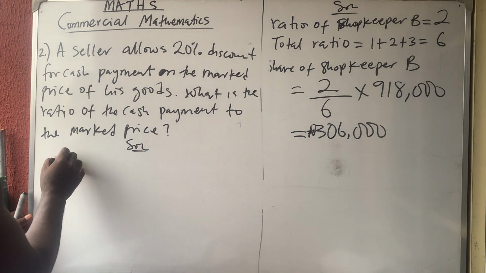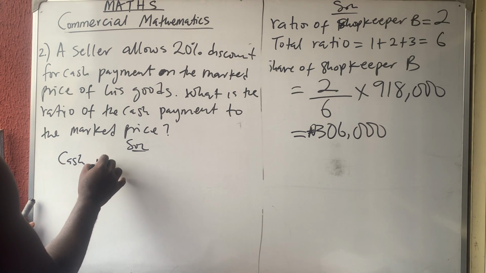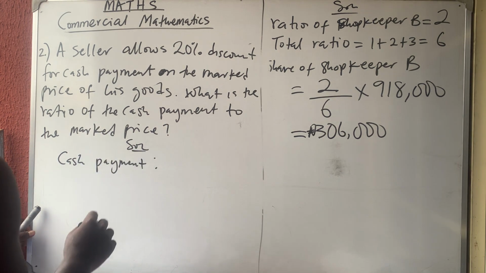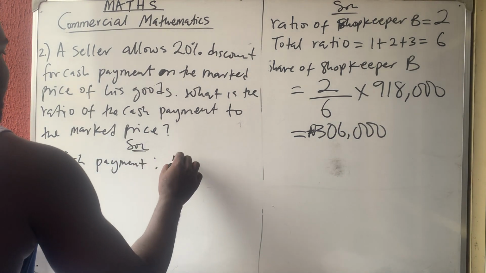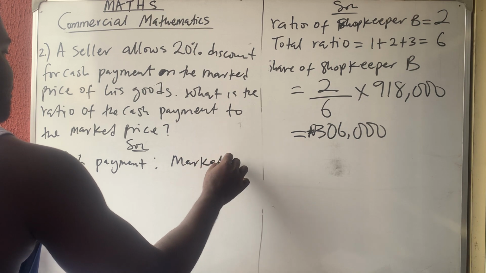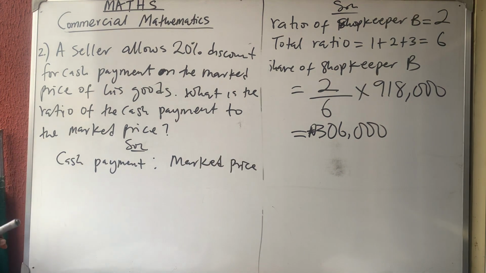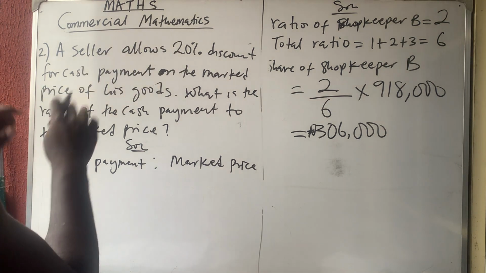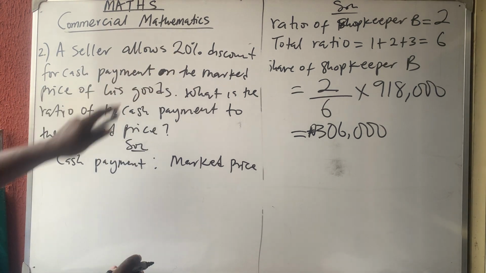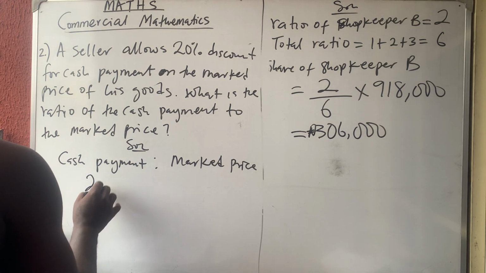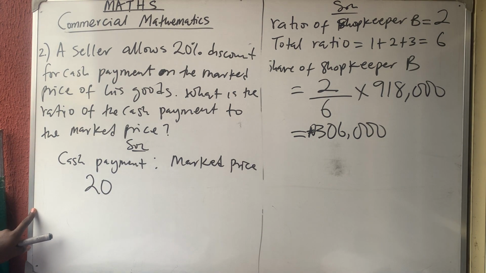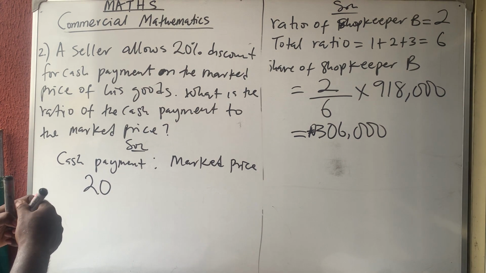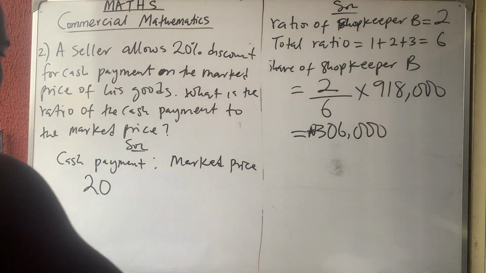Solution, this is very simple. For the cash payment, we have the cash payment is to the marked price. If he removes 20% discount, which is out of 100, for cash payment, he's removing 20% from the total money.